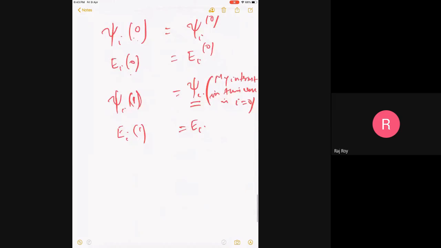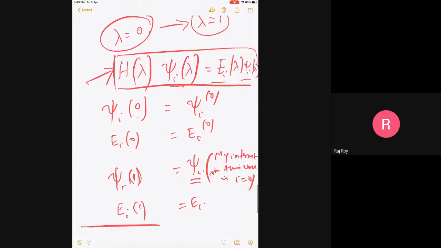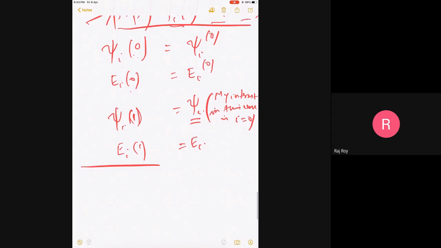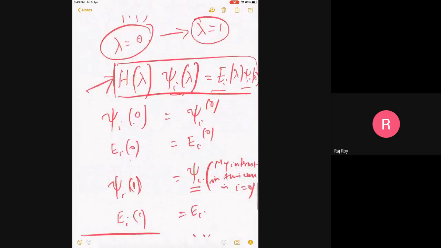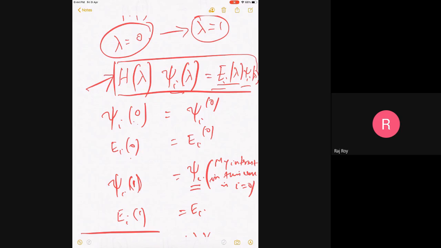So to do that, I have two very important things that I have to remind you. That H of lambda, I again write as H0 plus lambda V. I have to remind you that psi of lambda and EI of lambda are changing with values of lambda, which means they are functions of lambda, except that I do not know how they change.